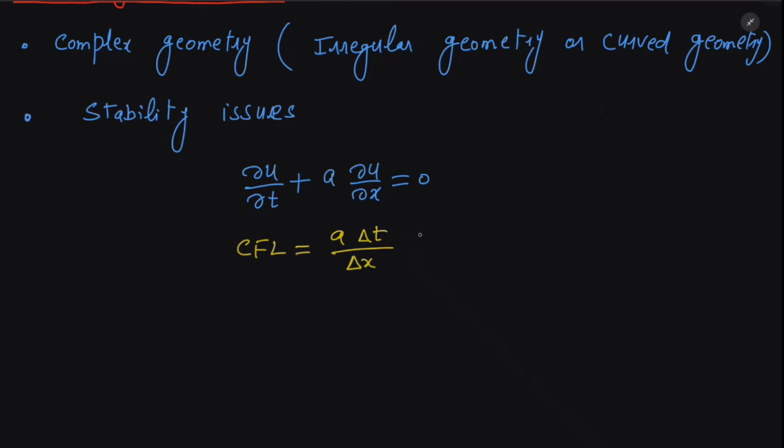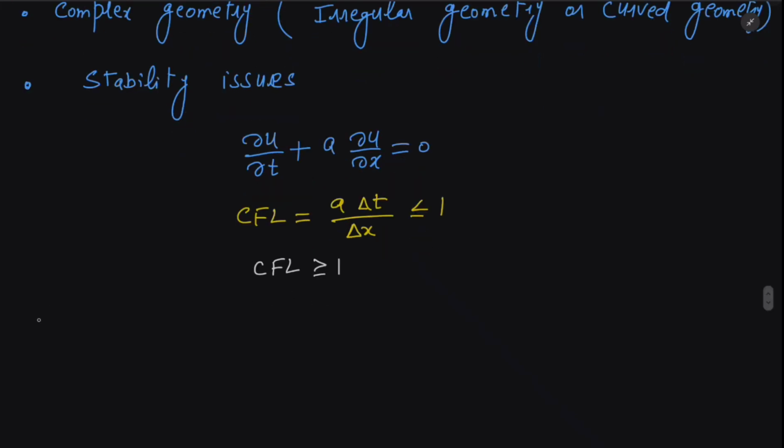When this CFL number is less than or equal to 1, then the solution is stable. If CFL is greater than 1, then the solution is unstable. So it suffers from stability issues.